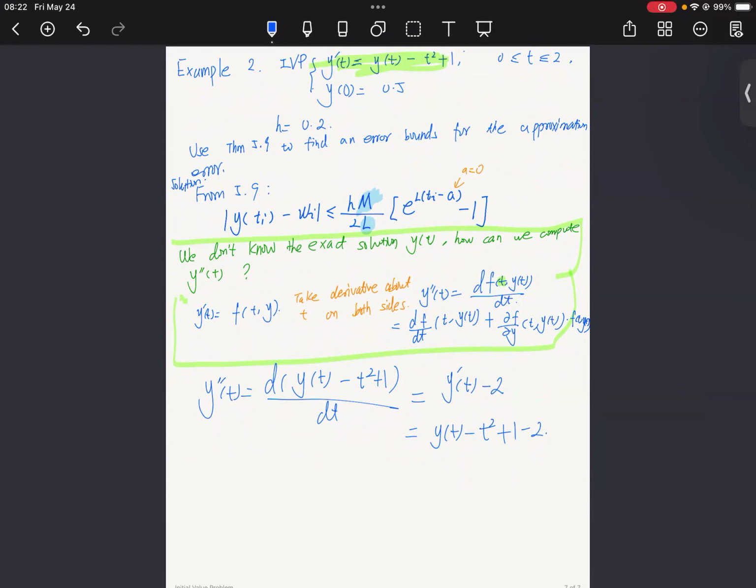I think I missed something here. The bound for this function. Suggestion is what?